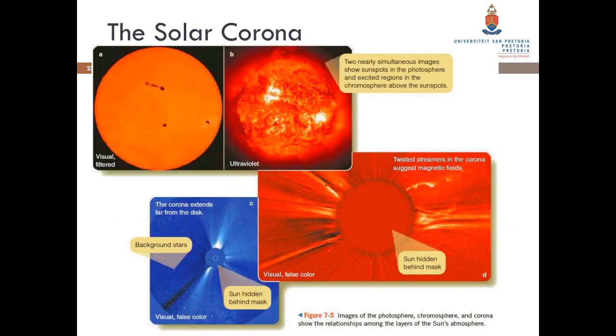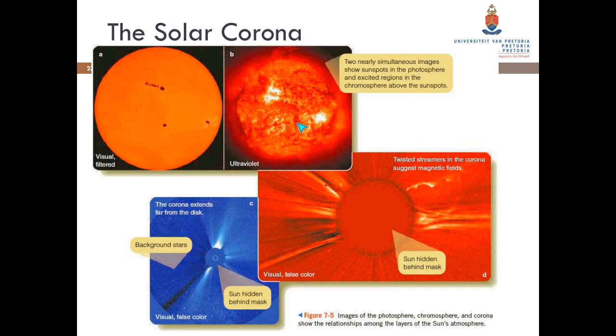So let's discuss this a bit. In the top two images, two nearly simultaneous images, we see sunspots in the photosphere and excited regions in the chromosphere above the sunspot. So when we look at visual wavelengths, we can see these sunspots, and we will discuss that in a moment, but in the areas above those sunspots in ultraviolet, we can see the sun is more turbulent and more violet.